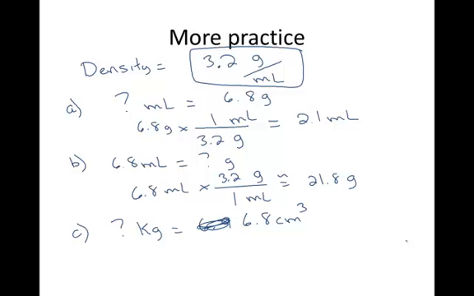Cubic centimeters is what quantity? Volume. Do you have a relationship between the mass and the volume for this substance? You do. It's 3.2 grams per mil. That can't be used with those two units, can it? But what if we could somehow convert centimeters cubed into milliliters?